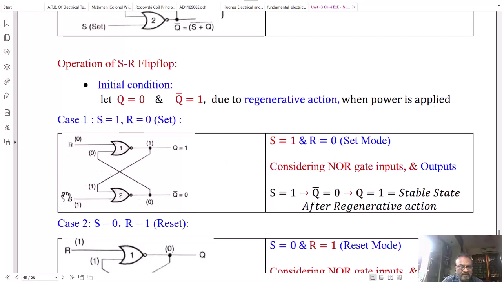Let us consider the first case now. S is equal to 1 and R equal to 0. So we make S equal to 1 here and R equal to 0. When S is 1 and R is 0, it is called set mode.